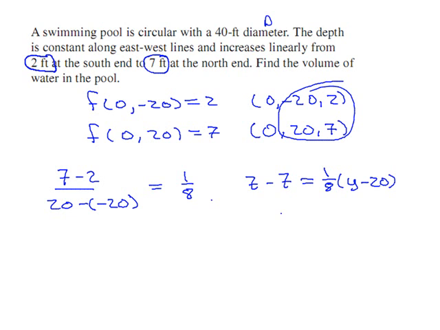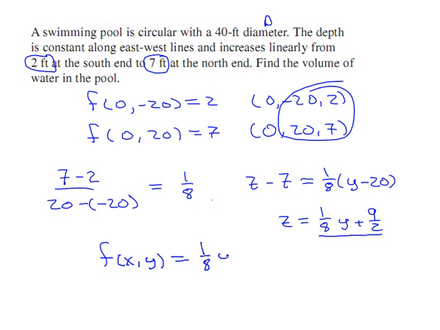Or solving for z, z is equal to 1/8 y plus 9/2. Because f of xy is independent of x, f of xy is defined purely by the y dependence, which is 1/8 y plus 9/2. This is the function that defines the depth.